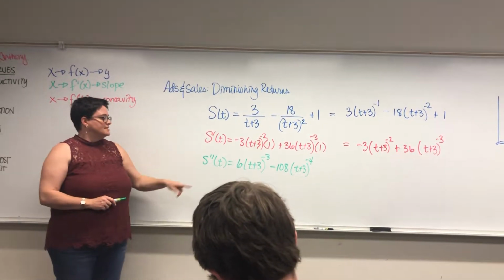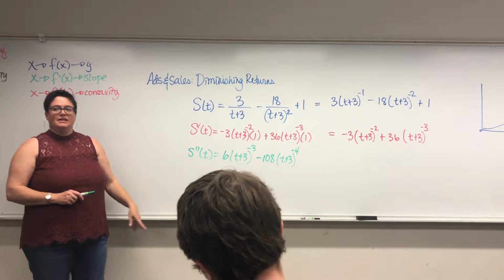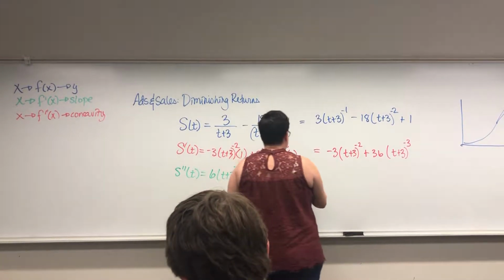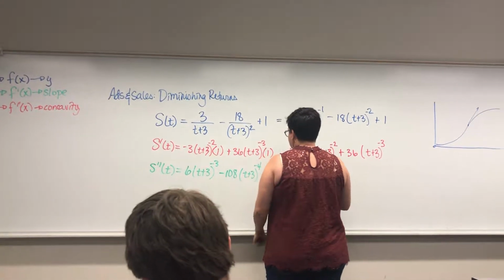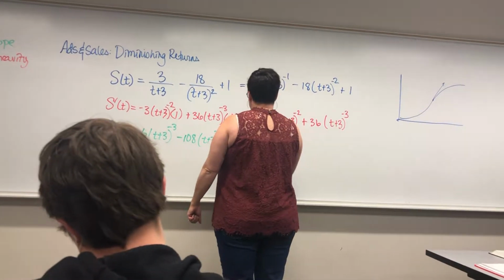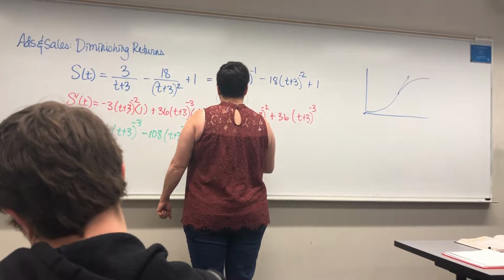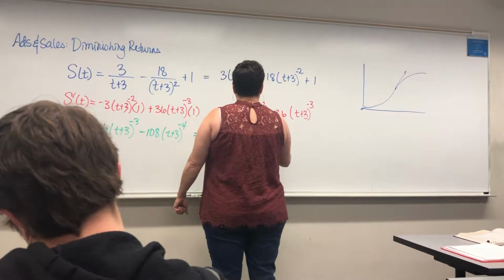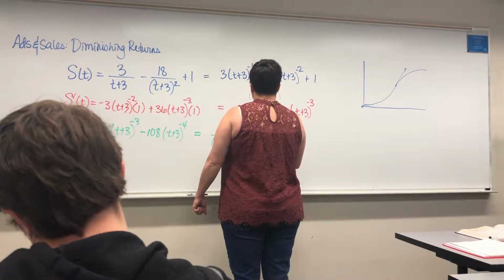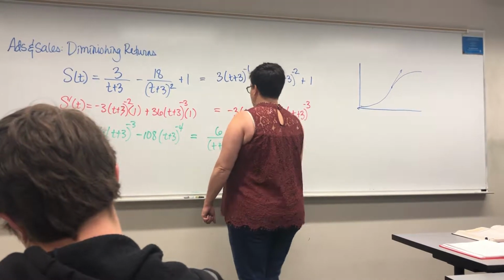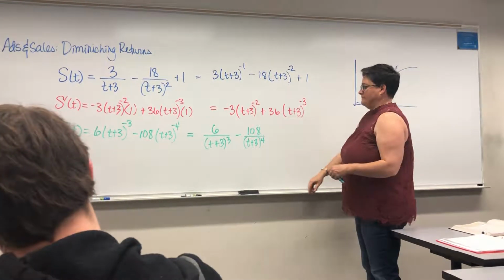Because now we have to set this equal to 0 and solve for t. You guys ready? So I'm gonna make this pretty again by bringing this stuff back downtown. So I'm gonna have 6 over (t plus 3) quantity cubed minus 108 over (t plus 3) quantity to the 4th. Is everyone okay with that?